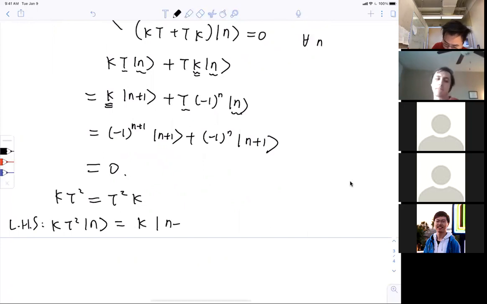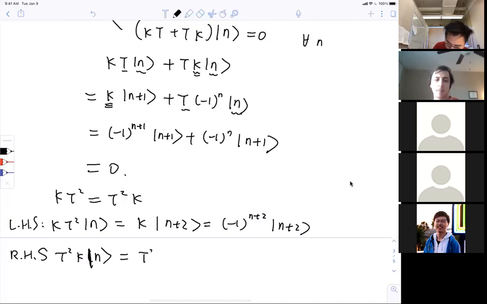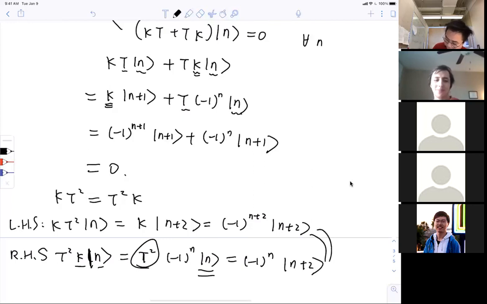T squared just gives us this, so this is |-n+2>. The right hand side is T squared K, where K acting on this gives |-n>, and T squared acting on this gives |n+2>. So they're equal, right? So this is true.